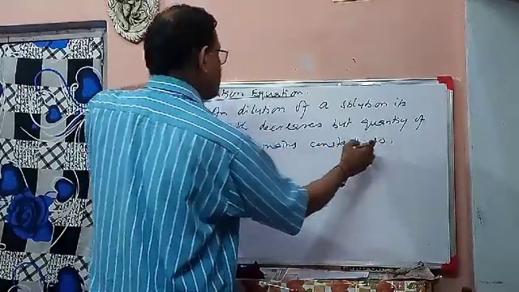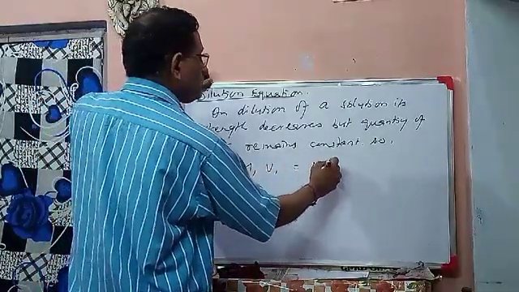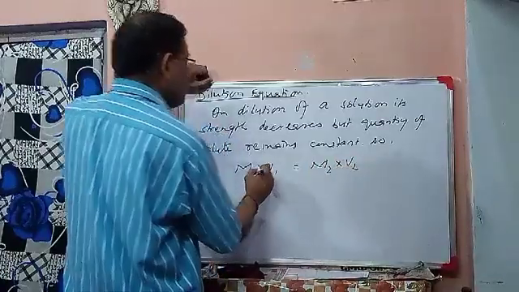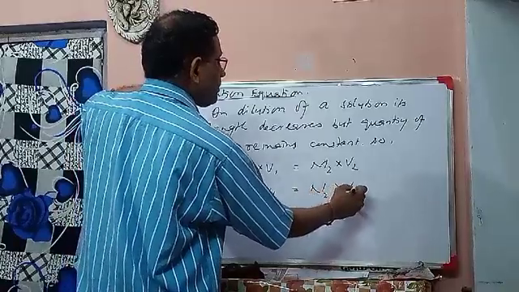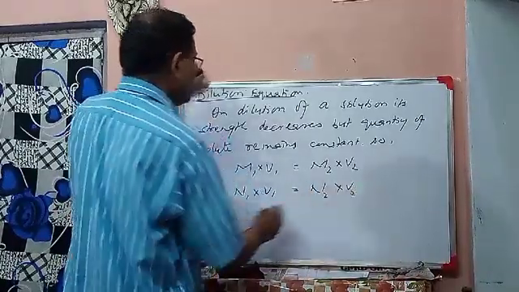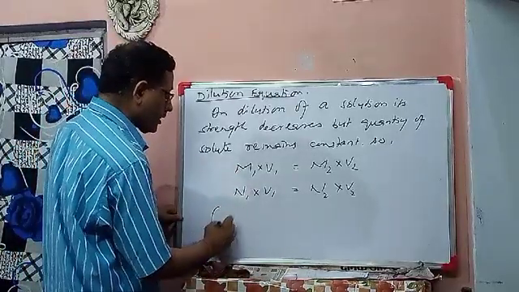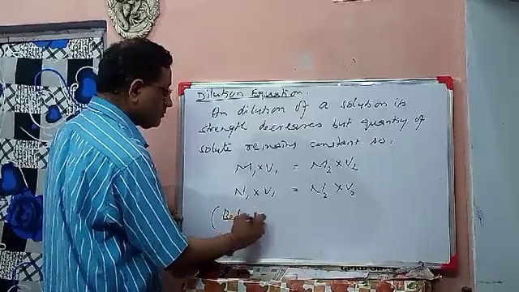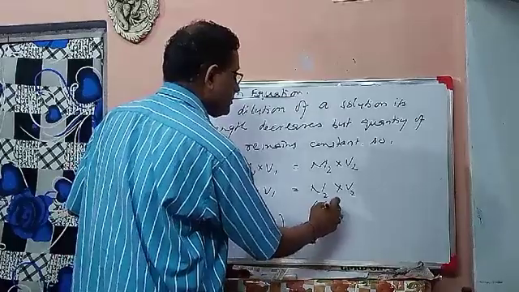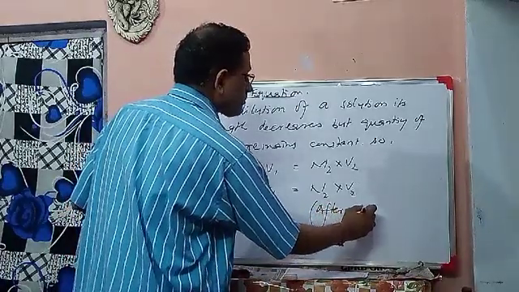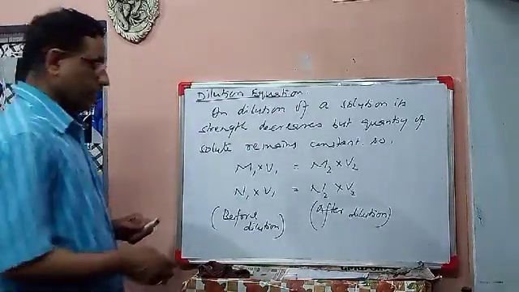So M1 into V1 is equal to M2 into V2, or N1 into V1 is equal to N2 into V2. This is molarity and normality. These are taken before dilution, and these are taken after dilution. Clear?